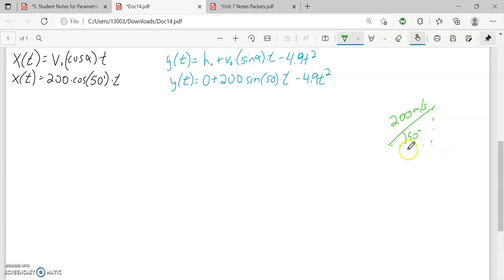It is simply asking for the x and y components. So for the x, we are going to take 200 cosine of 50, and the y is the same thing, but sine of 50.